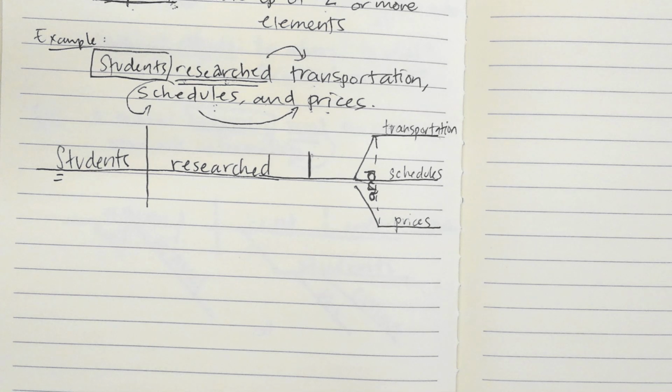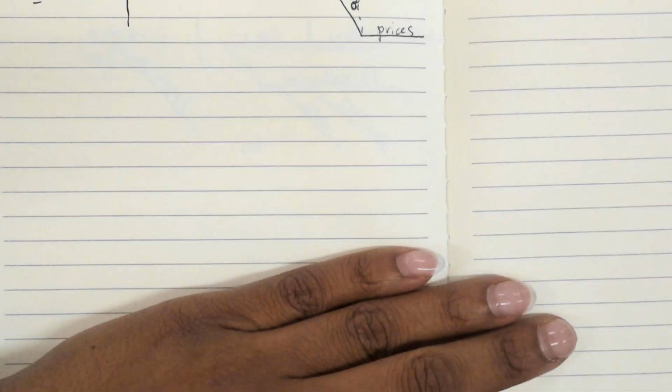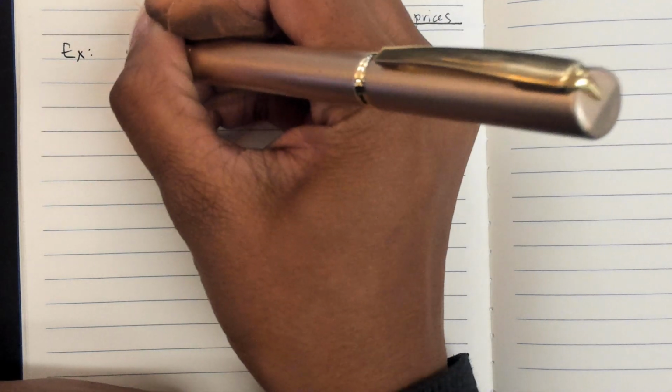Let's try one with a compound indirect object. Let's take the sentence, some resources gave us and our teachers useful facts.